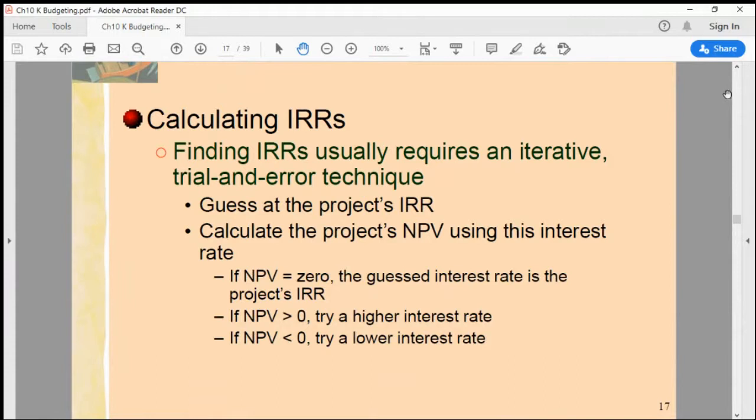So in this PowerPoint, my question is, think about it. If we defined internal rate of return as the discount rate that makes the right-hand side equal to the left-hand side, right?